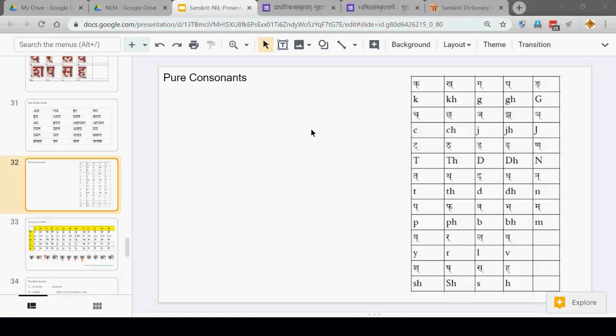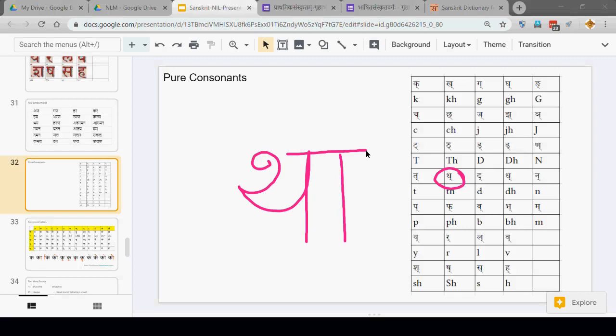Now there are some consonants here, like for example, let's take this one, tha, which has a loop at the beginning, like this. So first let me write tha with the addition of the a sound. I add a vertical line after the tha symbol and the usual horizontal line at the top. This makes it tha.